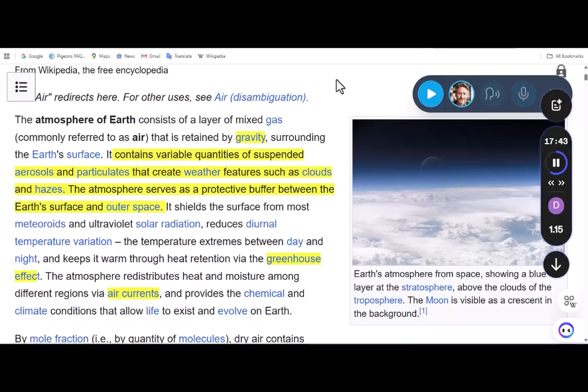The density of air at sea level is about 1.29 kilograms per cubic meter, 1.29 grams per liter, 0.00129 grams per cubic centimeter.